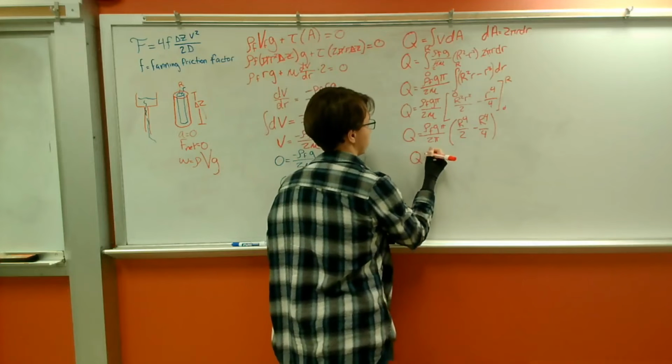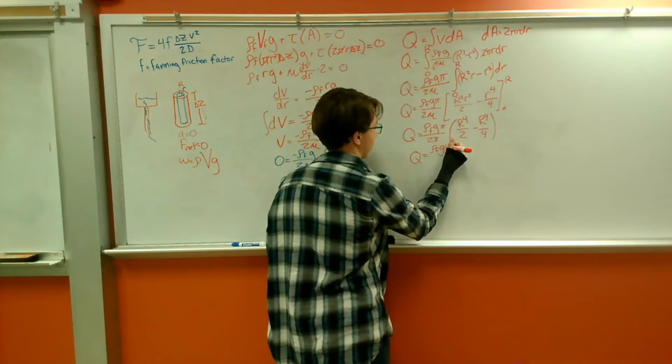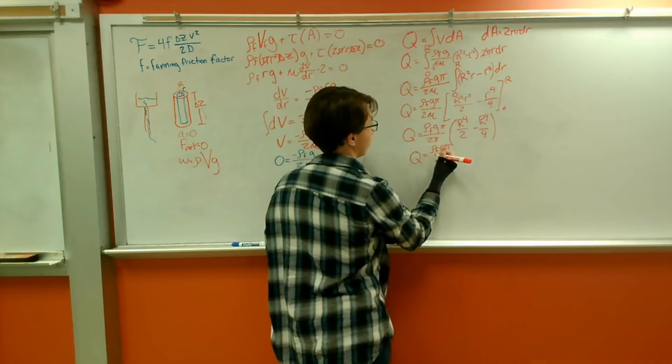So the flow rate is density of the fluid times acceleration due to gravity times pi.